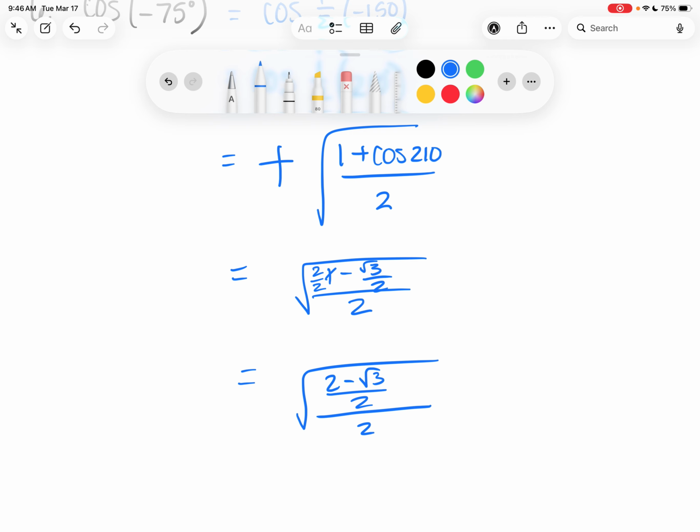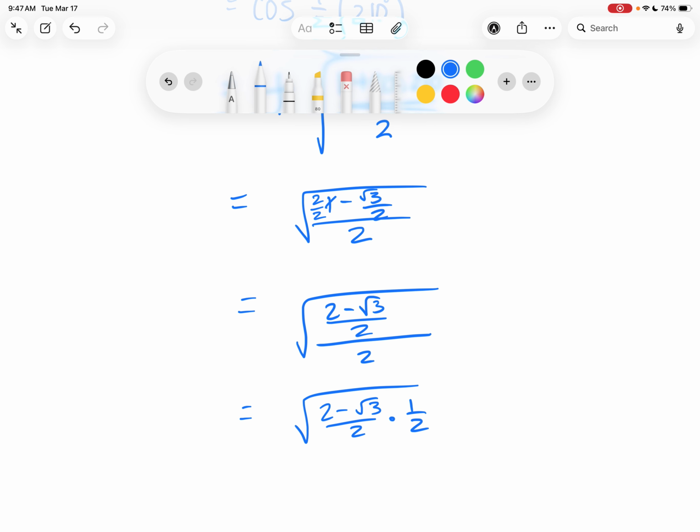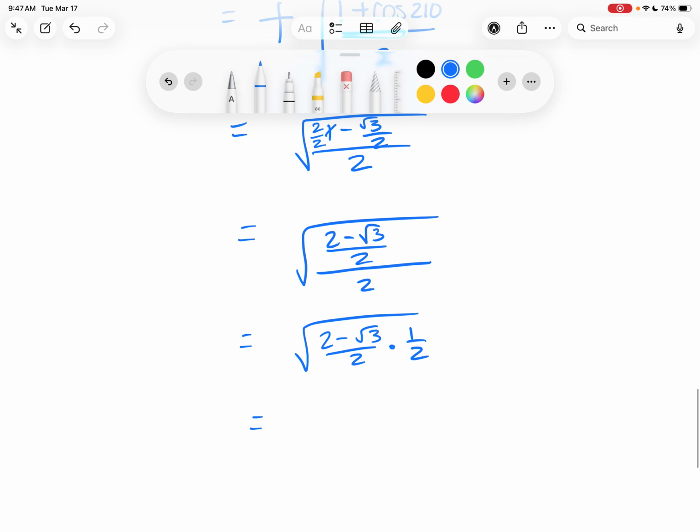So then I can multiply by half. So this is 2 minus root 3 over 2 times 1/2 all inside the radical. Once you get used to doing this, you can just skip this step and write this as being over 4 if you want to. So then this is the square root of 2 minus root 3 over 4.